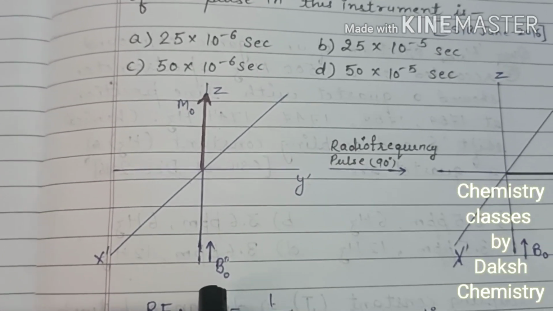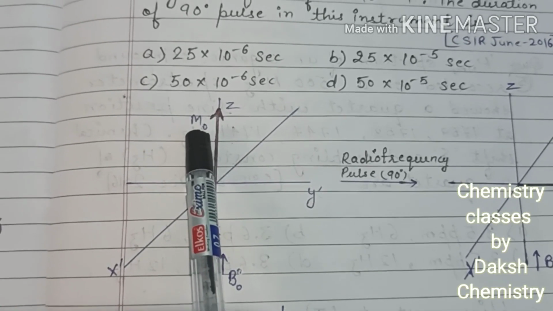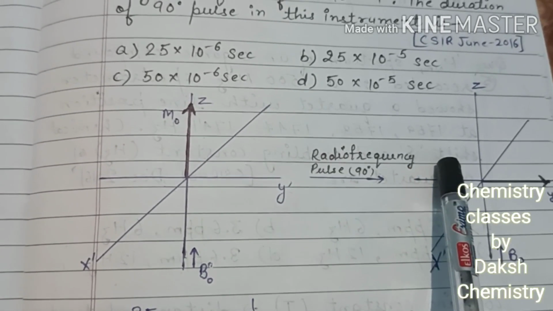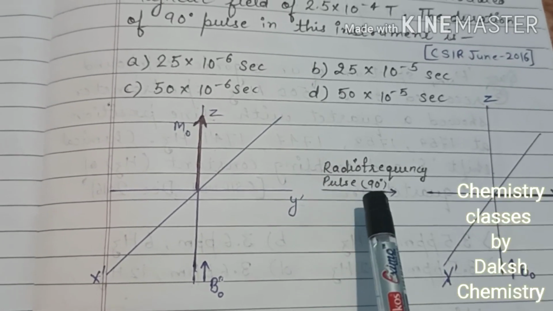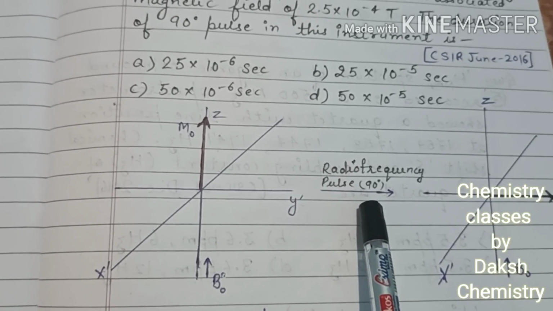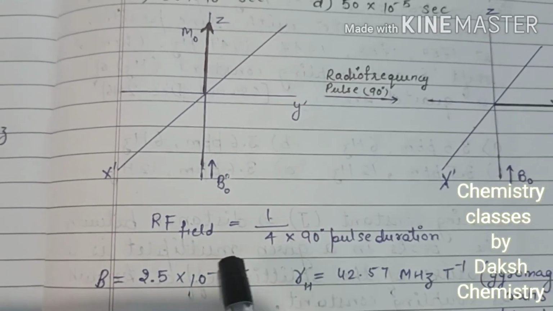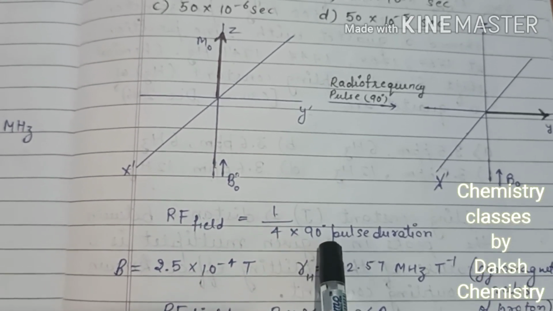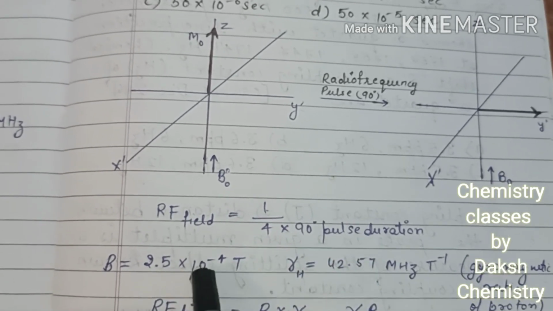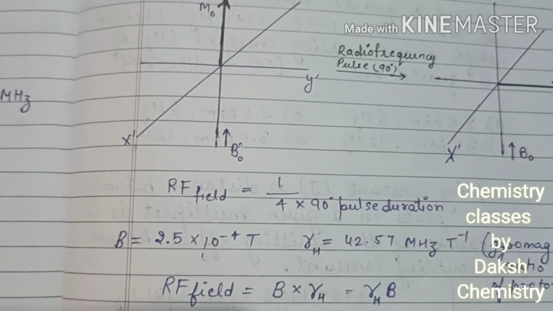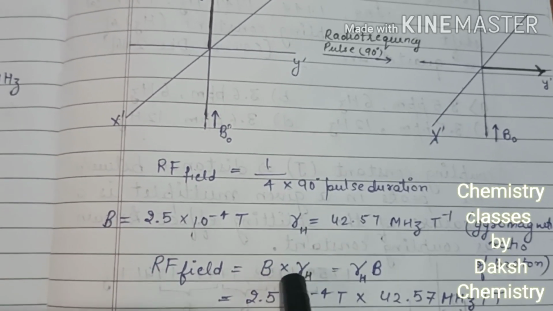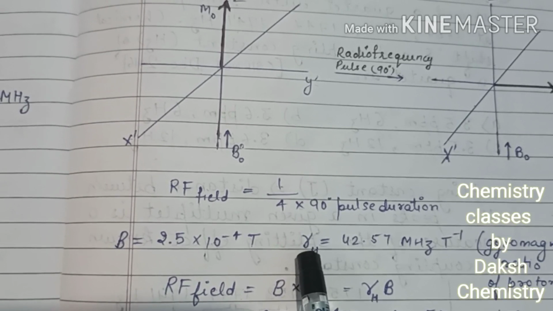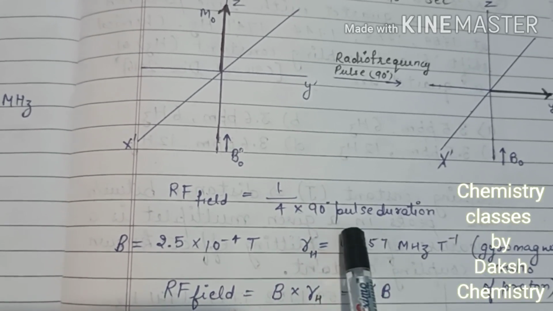In the associated magnetic field, the magnetization vector M at thermal equilibrium shows RF excitation when we give a radio frequency pulse at 90 degrees. The RF field will be calculated by this formula: 1/4 multiplied by the 90-degree pulse duration, and this radio frequency is equal to the gyromagnetic ratio for the hydrogen atom.